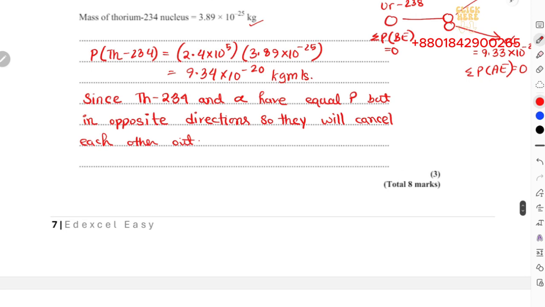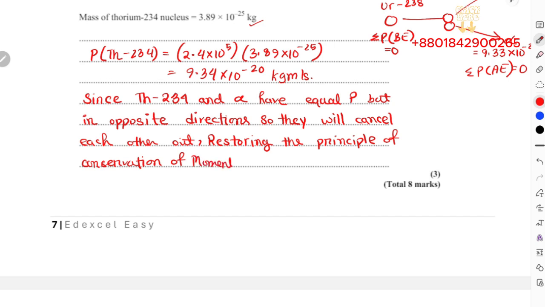So they will cancel each other out, restoring the principle of conservation of momentum. The total momentum before collision is equal to the total momentum after collision.